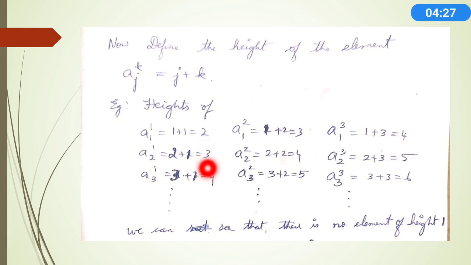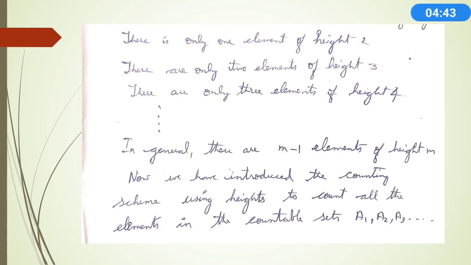And how many elements of height 3? 1 and 2, two elements. How many elements of height 4? 1, 2, 3. So there is only one element of height 2, 2 elements of height 3, 3 elements of height 4, and in general there will be m minus 1 elements of height m.